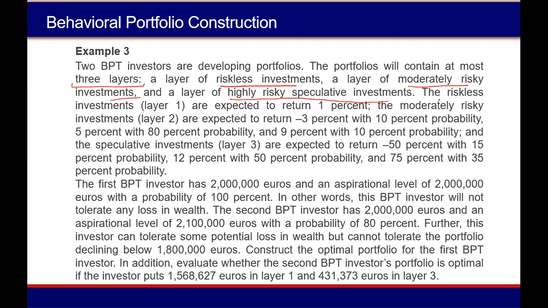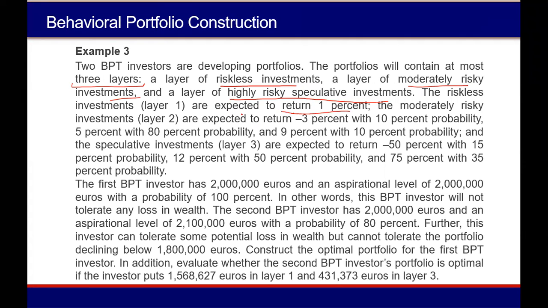For different layers, the expected returns with the associated probabilities are given. As mentioned, layer 1 has no risk, so its expected return is only 1%. There is no risk information for layer 1.